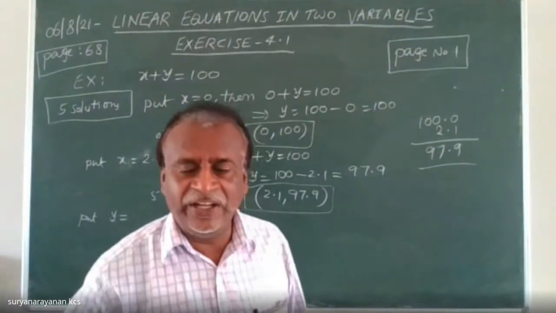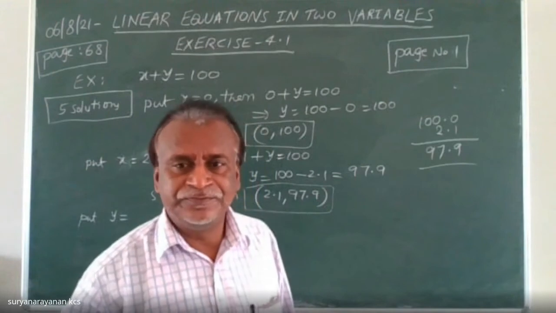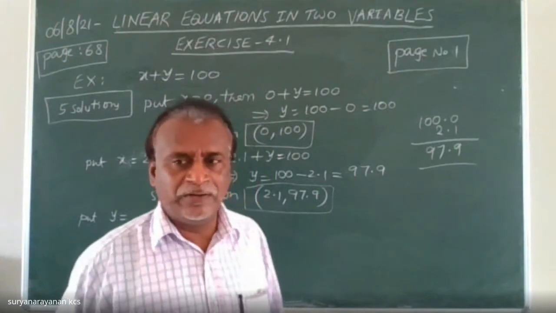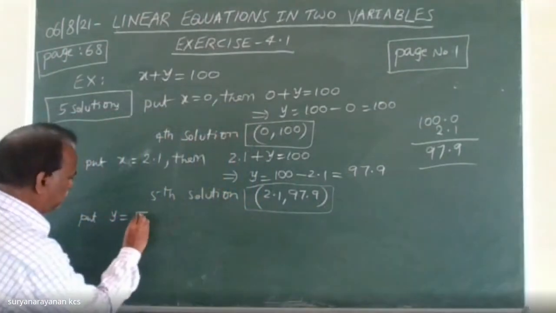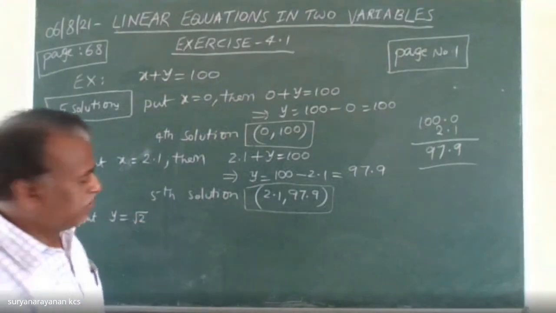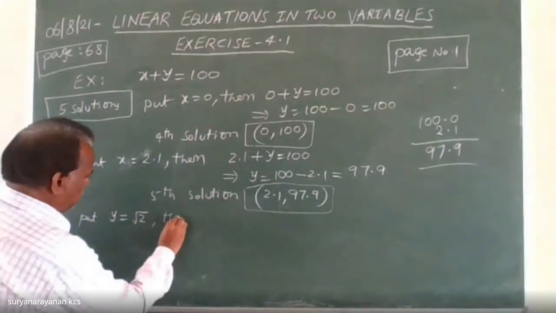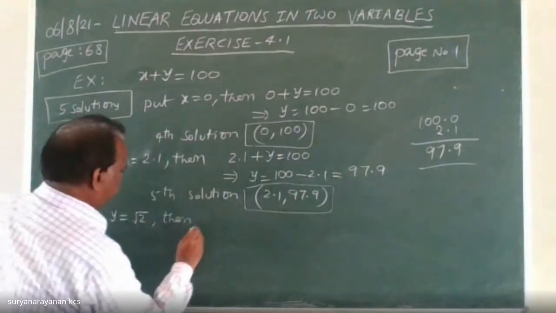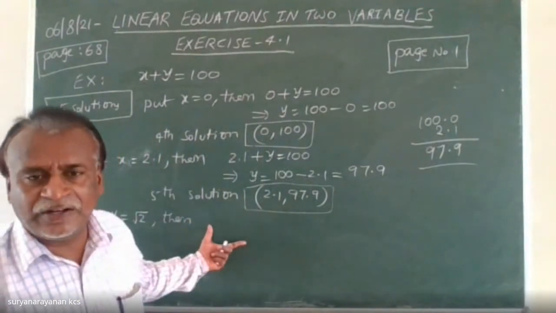Sir, can we take it as root 2, sir? You can take root 3, you can take root 5, any real number. So I am taking root 2. Then what is the equation you will get here? Sir, x plus root 2 equal to 100.